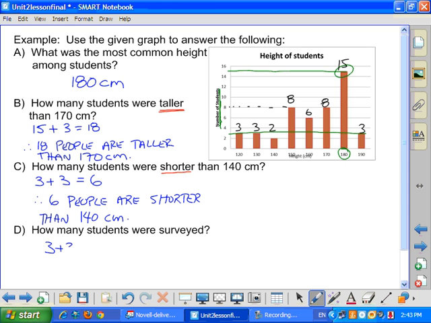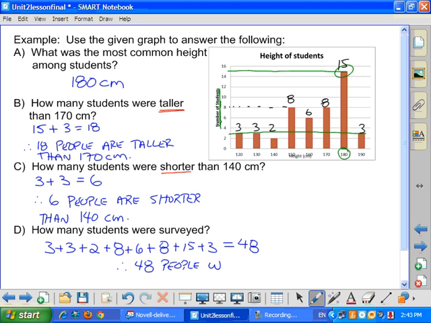So 3 plus 3 plus 2 plus 8 plus 6 plus 8 plus 15 plus 3. You're going to use your calculator here. I'll speed up the process. That's 6, 8, 16, 22, 37, 45, 48. So therefore, 48 people were surveyed.